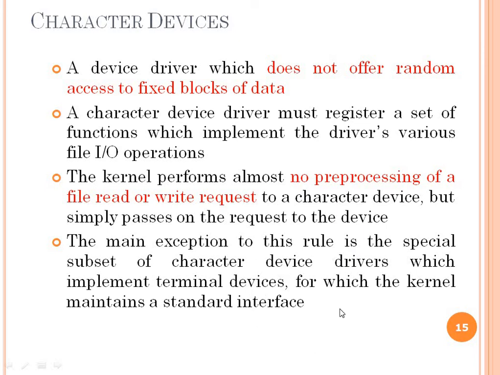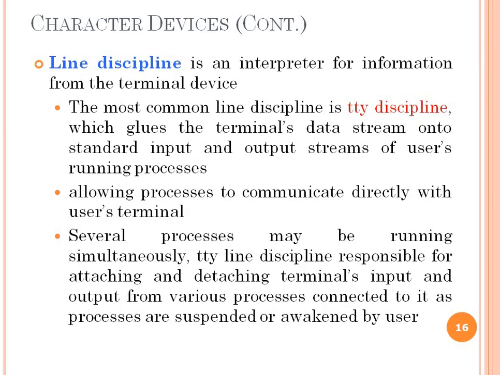So there is just data transfer from the character device to the system and from the system to the character device. The main exception to this rule is the special subset of character device drivers which implement terminal devices, for which the kernel maintains a standard interface because it is working on a stream of data as a character device.